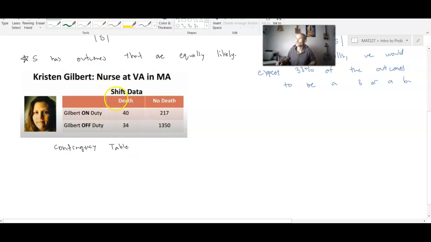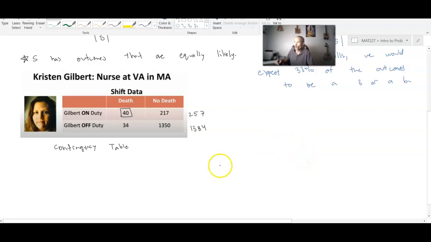So the way we can interpret this is that there are certain times where Gilbert was on duty, which is 40 plus 217, that's 257 patients when Gilbert was on duty. And then, of course, there are probably more patients when she was off duty. So 34 plus 1350 is 1384. Of the 257 patients she saw, 40 of them died.